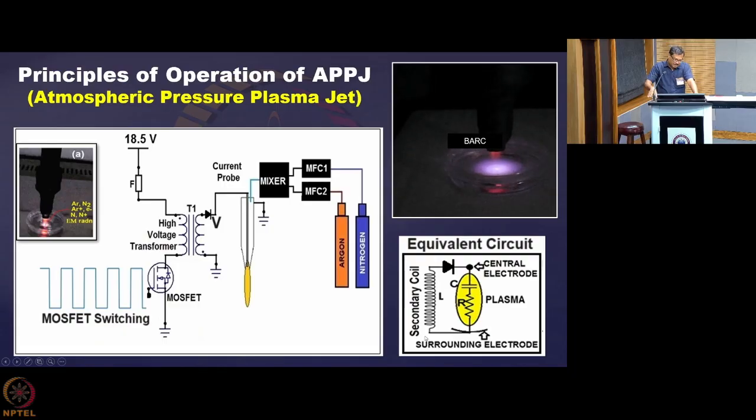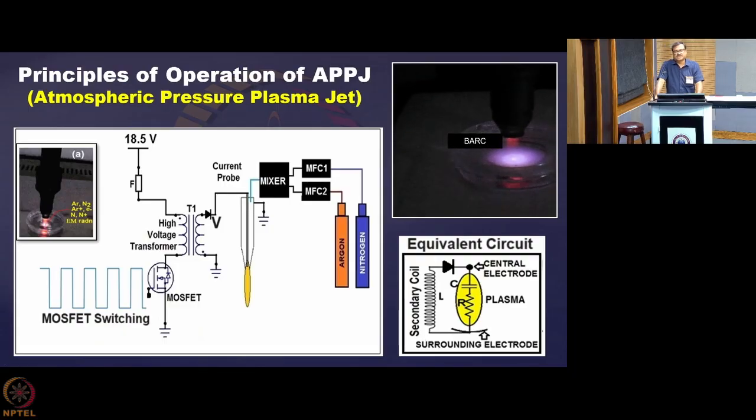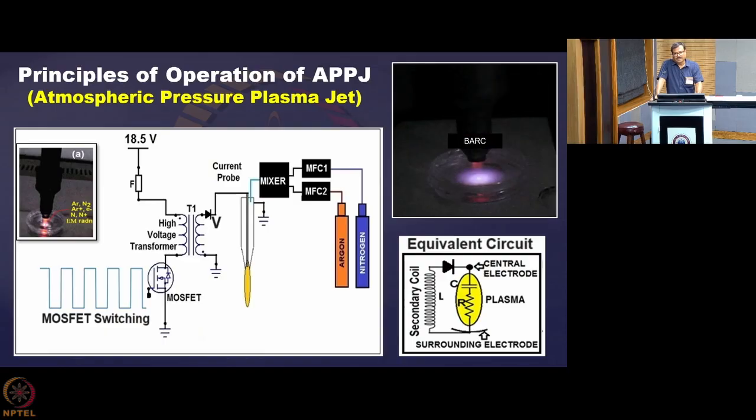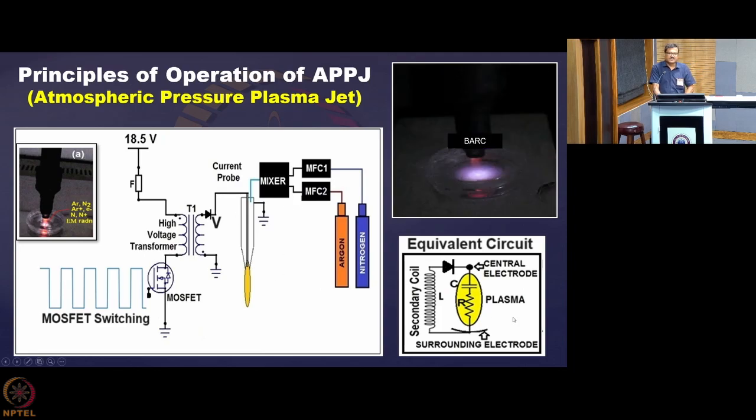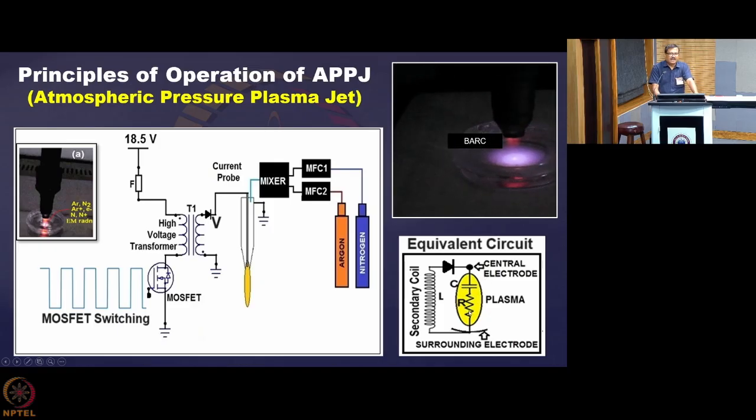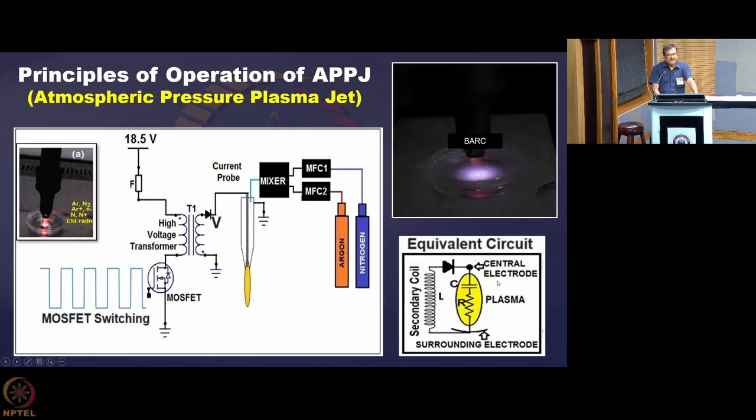Whatever EMF is applied across the secondary now starts oscillating. The current flowing in this closed circuit, when the plasma is formed, starts oscillating. Now I told you that this C and R are determined by the kind of plasma that you have created. Then what kind of plasma have you created?